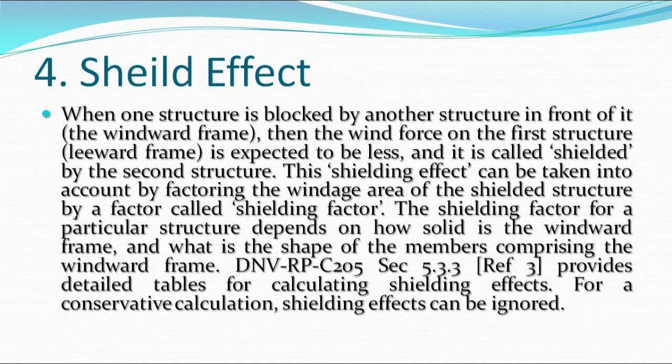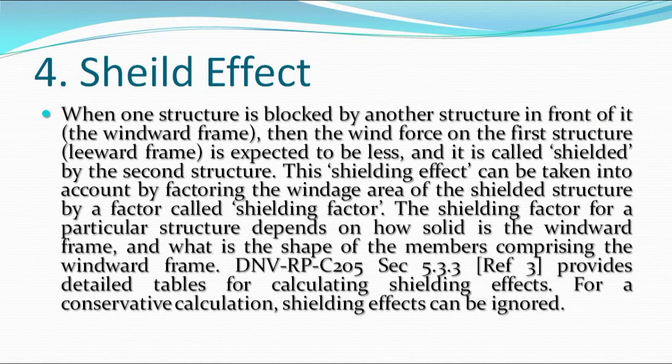Then lastly, we have the shield effect. When one structure is blocked by another structure in front of it, the windward frame, then the wind force on the first structure is expected to be less, and it is called the shielded leeward frame, shielded by the second structure.